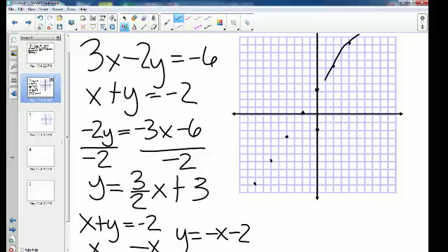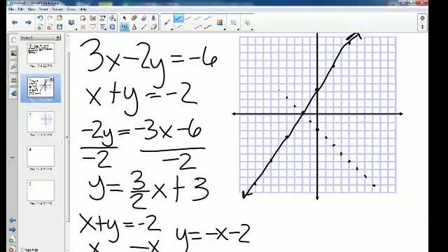I'm going to connect those into a line. Then this one starting at -2, the slope is -1, so I'm going to go down 1, over 1, down 1, over 1, all the way to the end.